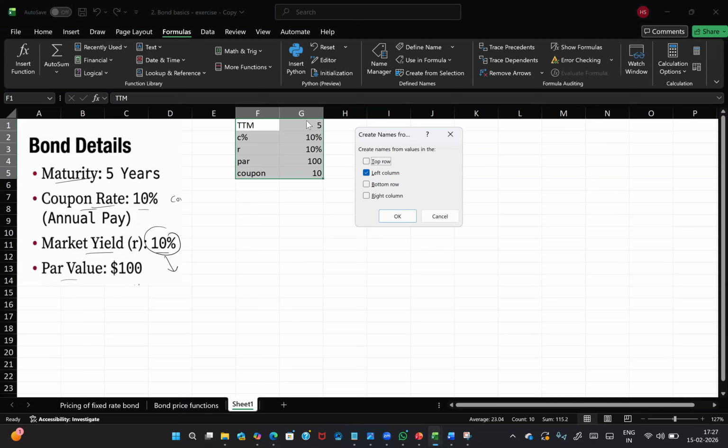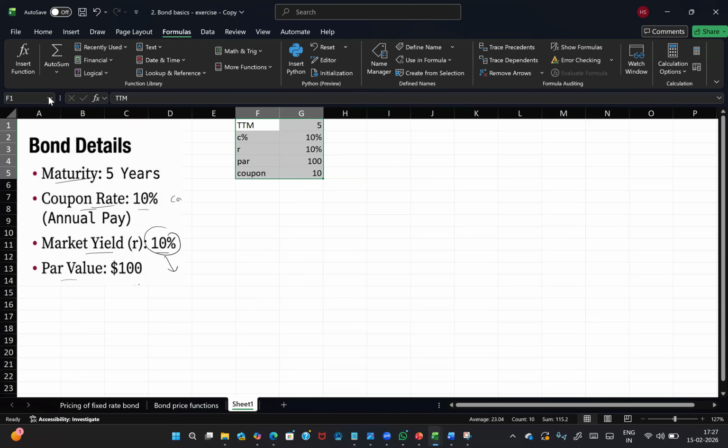Your values are in the right column and the names which you want to give to those values are in your left column. Hence we check left column, create names, press OK. What happens is in this name box, you now see all these names. So you have the coupon, you have the par, you have the TTM and other things.